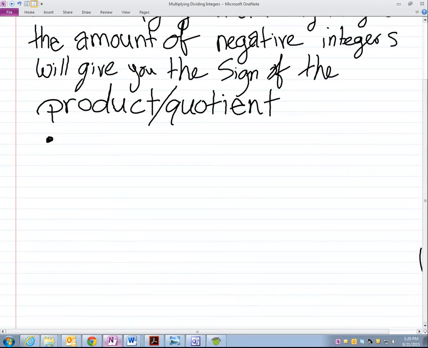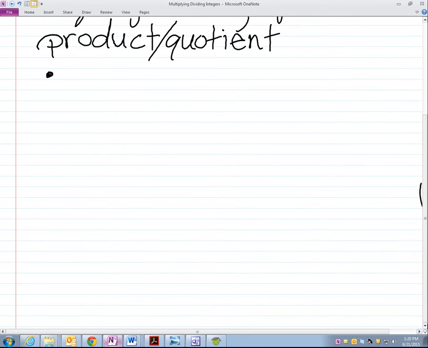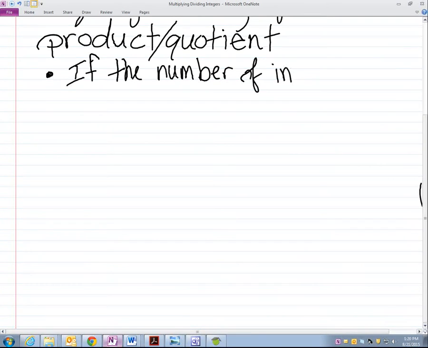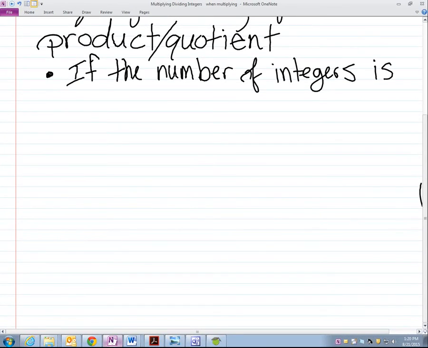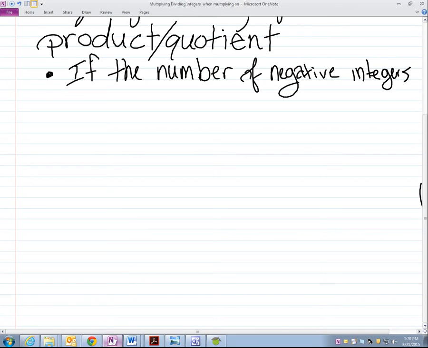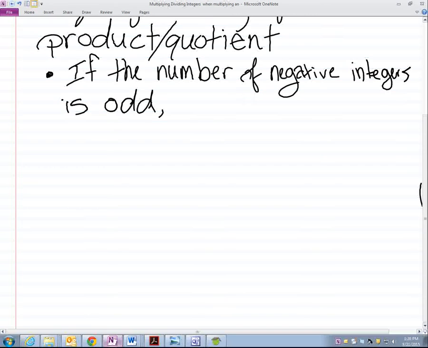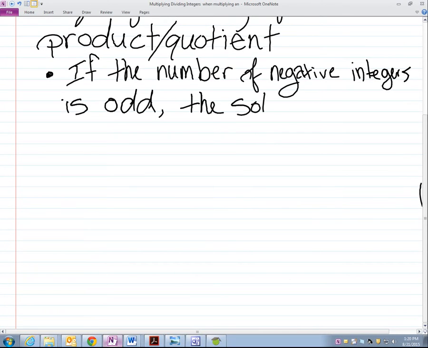And this is that trick. If the number of negative integers is odd, the solution is negative.